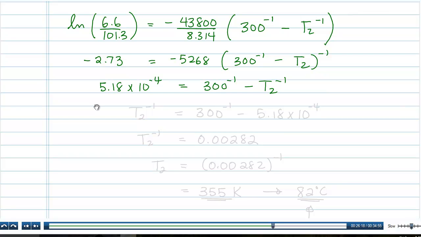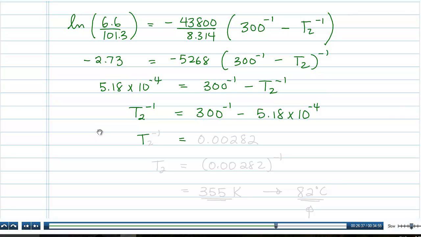Now I'll throw my T2 to the minus 1 to the other side of the equation, where it becomes positive. T2 to the minus 1 equals 300 to the minus 1, take away the 5.18 times 10 to the minus 4. So I threw that to the other side as well.